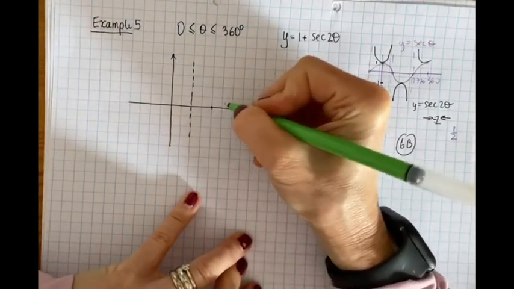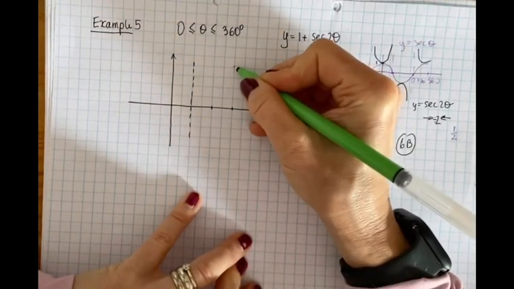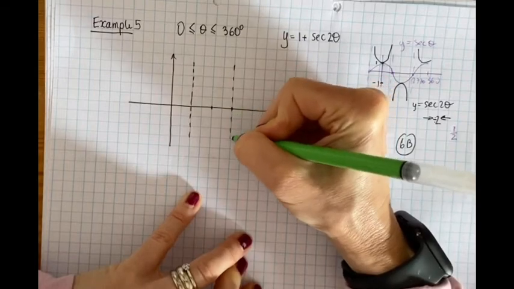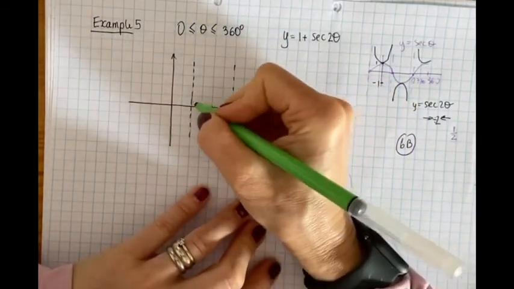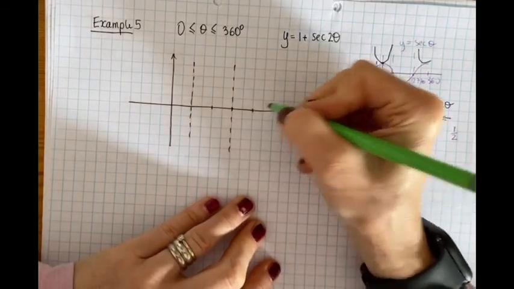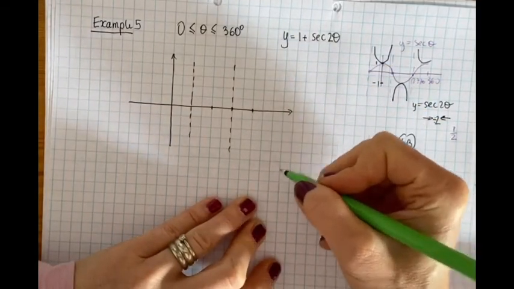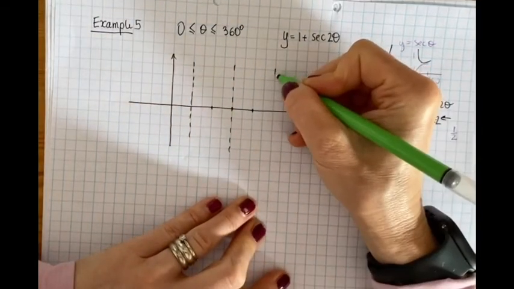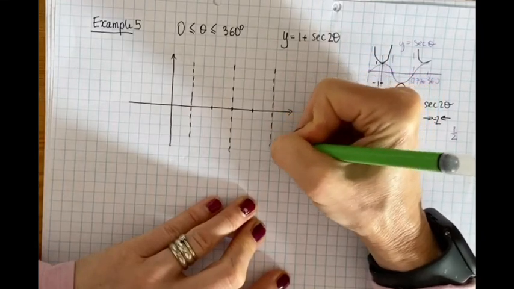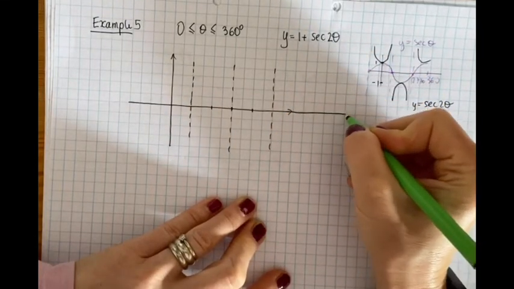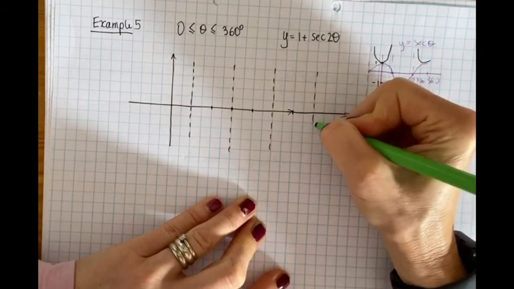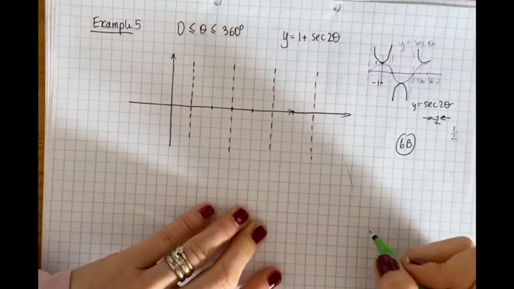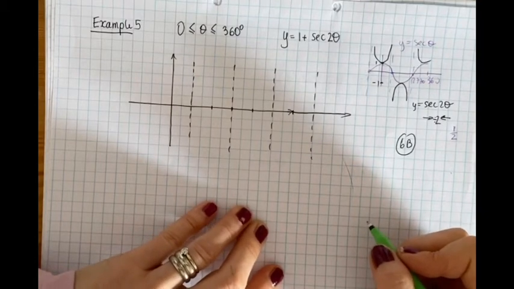So this is my first asymptote. This is 270. Let us not draw any numbers because they will be squashed. Just go a little bit more. That should be enough because we'll have twice as many.